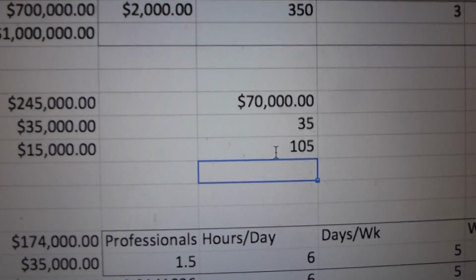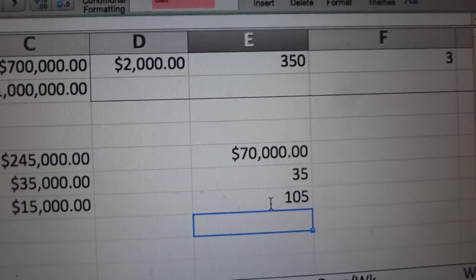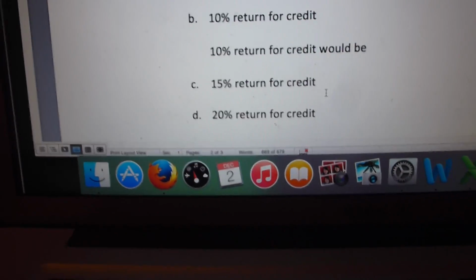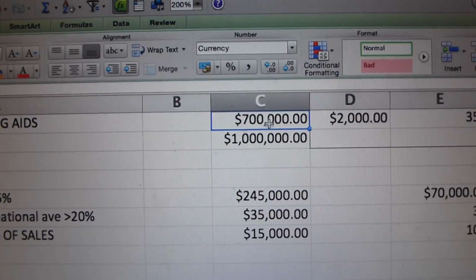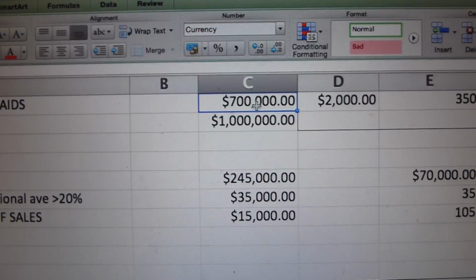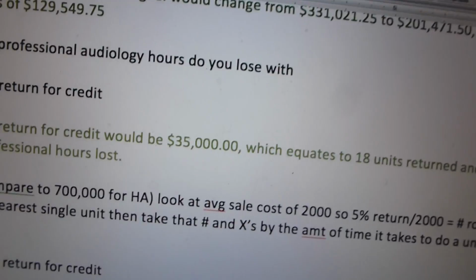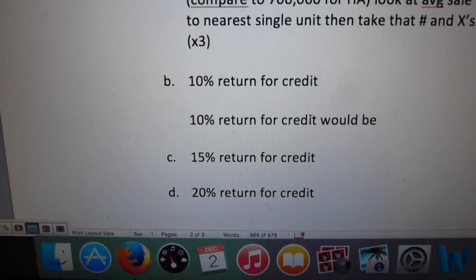So we're losing 105 hours. And then you're just going to do that for 15% and 20%. So literally all you're going to do is do 700,000 times 0.15 and then times 0.2 for 20.